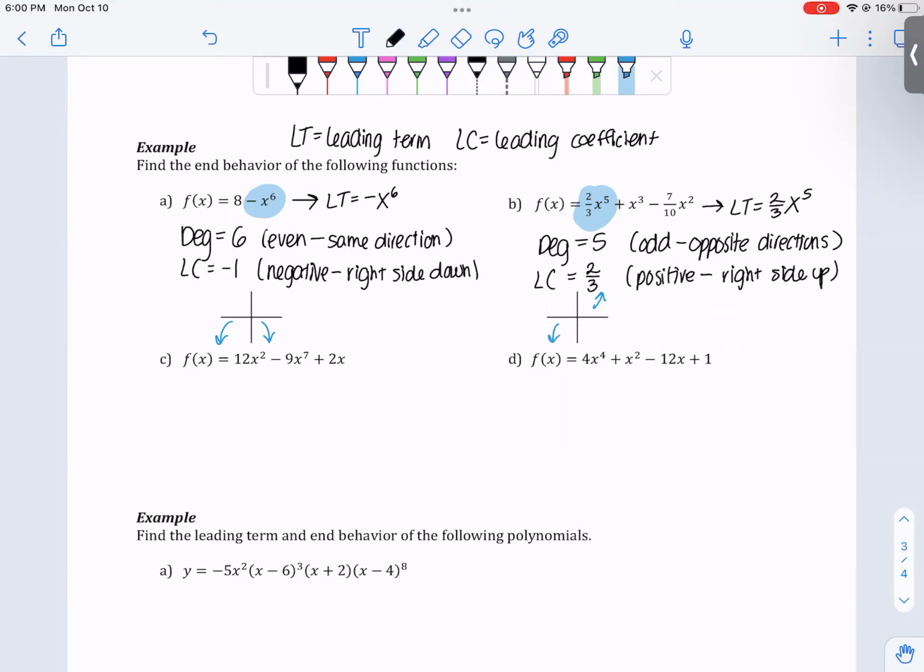I'm moving forward. Leading term, right down here, that's -9x to the 7. The degree is 7, which is odd. So opposite directions.